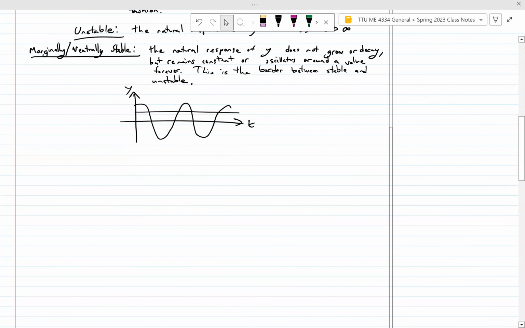Okay, that's our first rule. Now let's talk about that imaginary axis stuff here. Maybe that'll relate to our second rule. So real parts, if they're all negative, then the system is exponentially stable. All right, so now maybe let's move towards neutral stability or marginal stability.